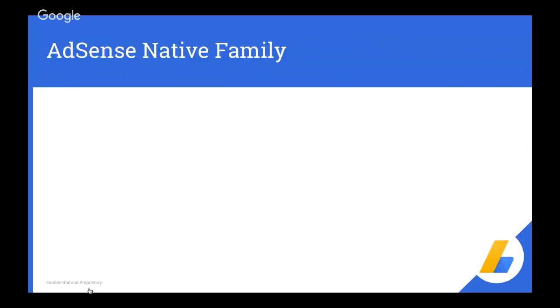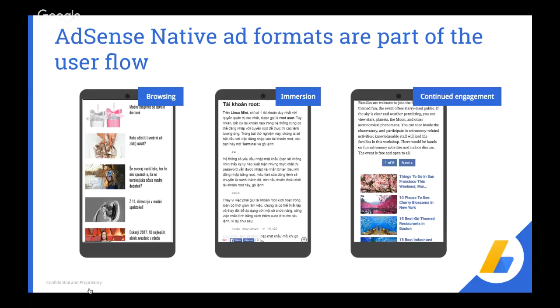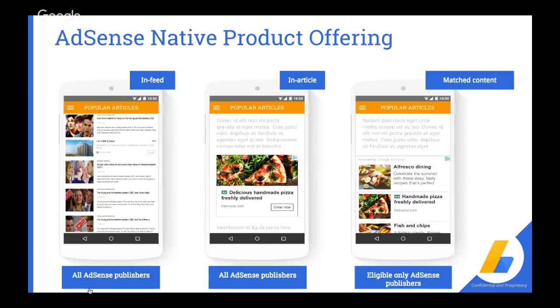So let's talk now about the AdSense Native family. As Adriana was saying, we develop different types of ads that are going to be part of the user flow, so of the browsing, immersion, or continued engagement. Here we have the three different ones.